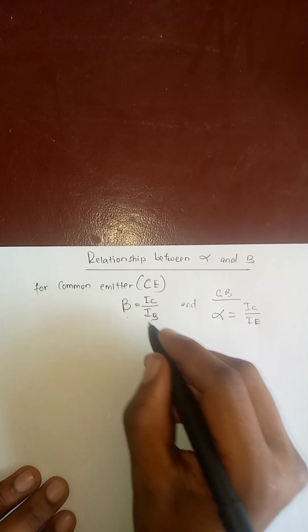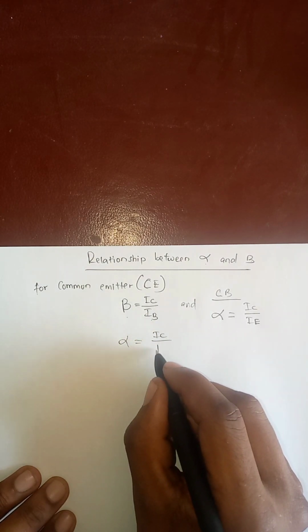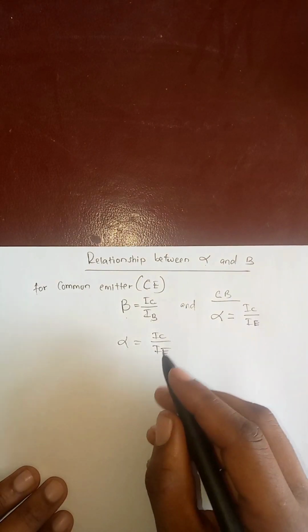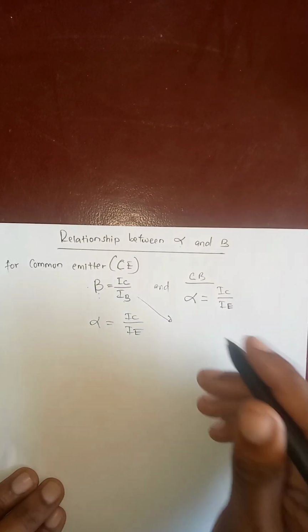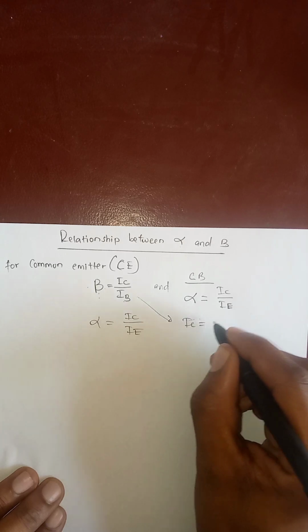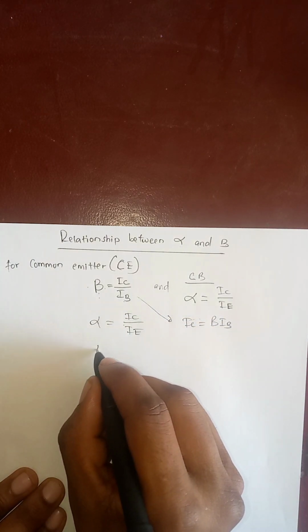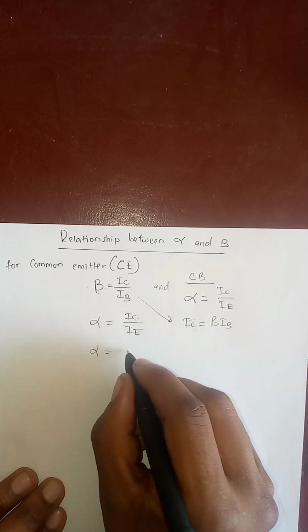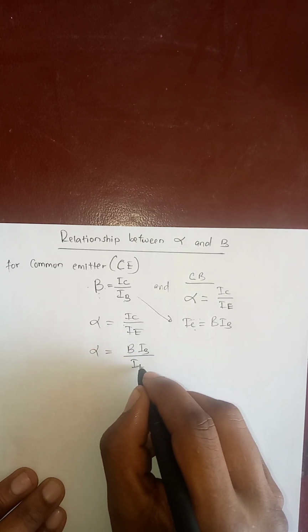Okay, let's start here. We know alpha is equal to IC over IE, but from here we can make IC the subject. IC will be beta IB, so you can substitute here. So alpha is equal to IC, which is beta I base, over IE.